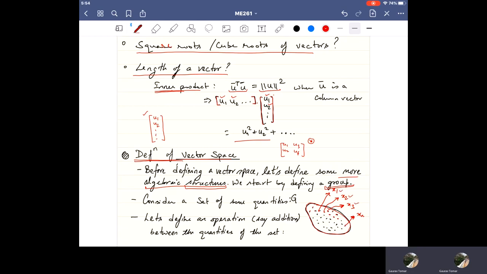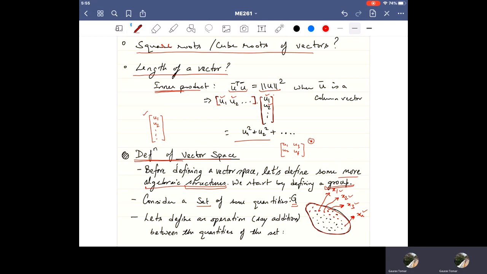These are all elements. Now, this G essentially is a set. It's the most basic algebraic structure that you can think of. For example, on my table there is a box, there is a book, there is a phone. So collectively, I can make a set of these things, right? So there's a set.